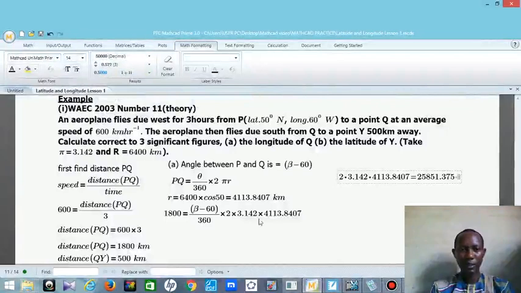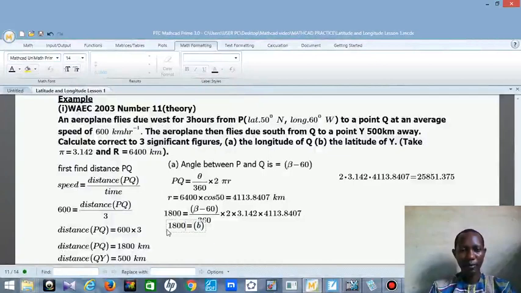So in decimal, 1,800 is equals to beta minus 60 divided by 360 times this value here, which is 25,851.375.